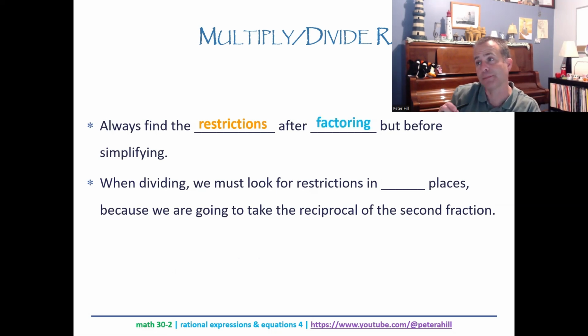That's important because even if they divide out, it doesn't mean those restrictions go away. And then when dividing, we must look for restrictions in more places because we are going to take the reciprocal of the second fraction. So just be conscious that for any fraction that you're dividing by, you have to think about restrictions from both the top and the bottom.